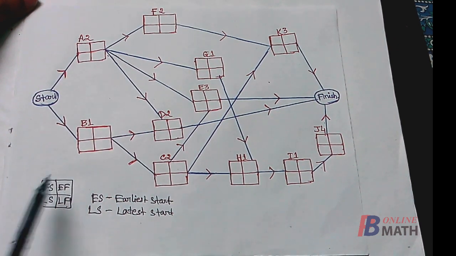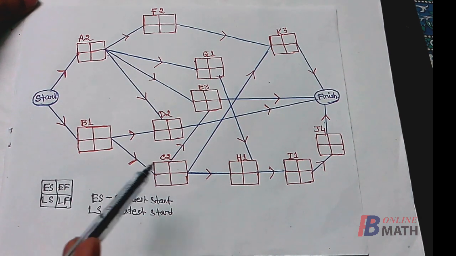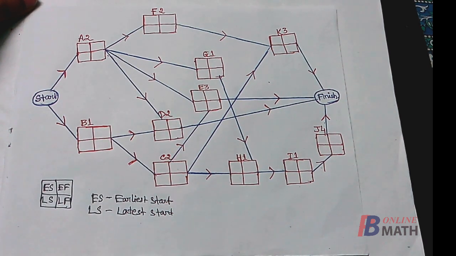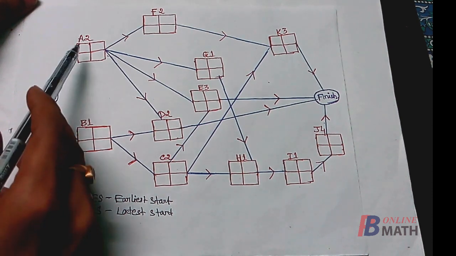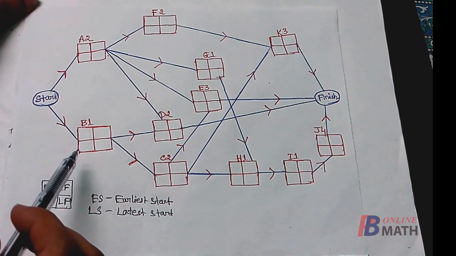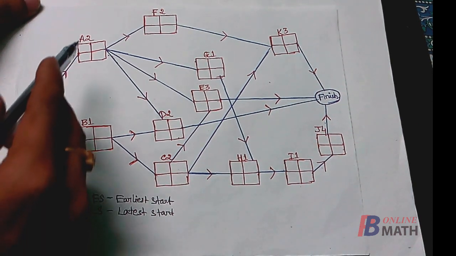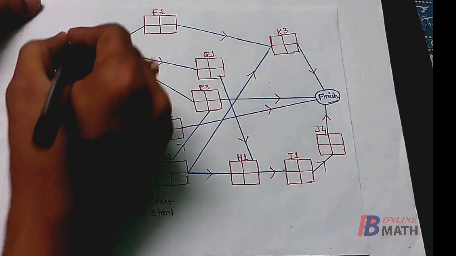Now we shall find the earliest start time and earliest finish time of all the activities by the method called the forward pass. Now we start with two activities A and B. As we know that the activities A and B have no immediate predecessors, so we can start the activities A and B at 0 time.